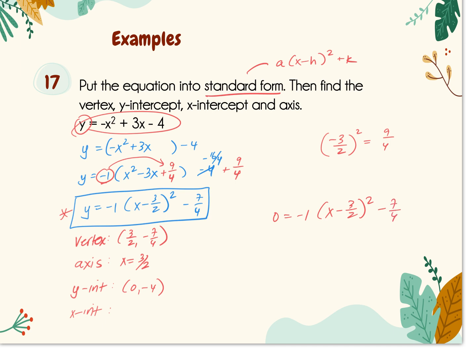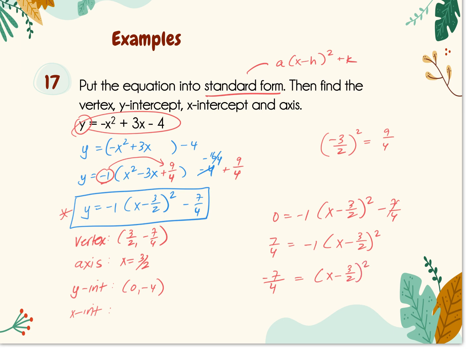So I'm going to start by adding 7/4 to both sides, because it's going to cancel. So -1 times x minus 3 over 2 squared. I'm going to multiply everything by -1, or divide by -1. So I'm going to get minus 7/4. And over here, I'm just going to have x minus 3/2 squared. So I'm going to get rid of that -1.